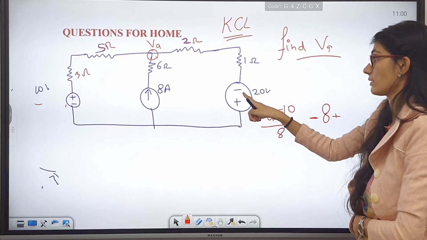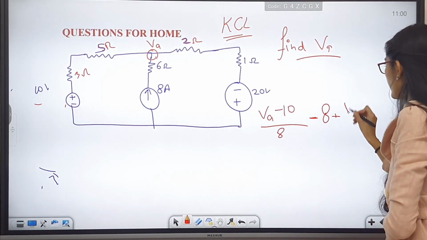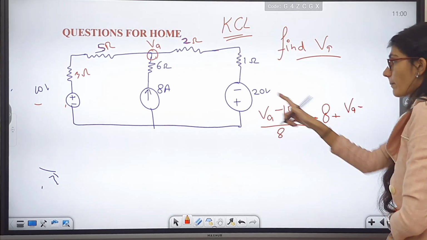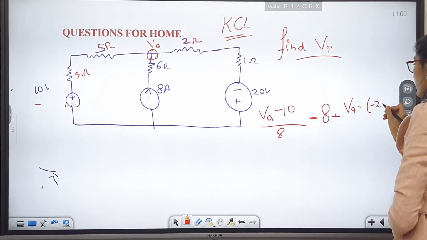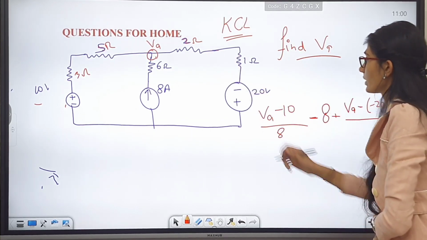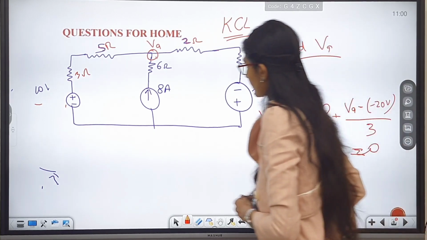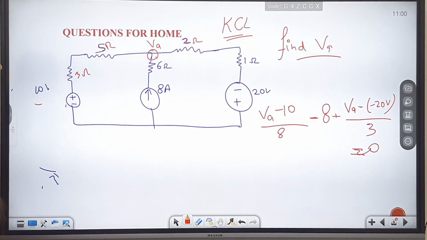Here it is minus, you have to take it minus also. VA minus of 20 volt upon 2 plus 1, 3 is equal to 0. This is how you are going to find VA.